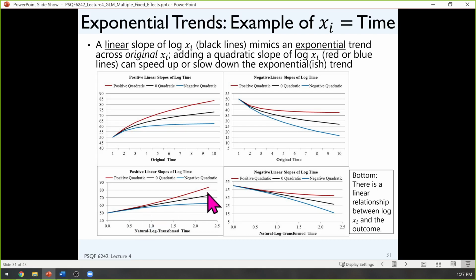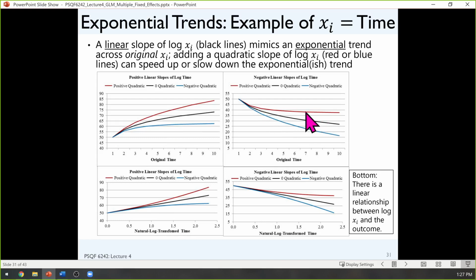The slope is linear between log transformed predictor and the outcome. That same positive linear slope, if you exponentiate the predictor, so unlog it back to its original scale, creates that black line right there. So this creates a curve where more helps, but only up to a point, potentially. Or in this case, less is better, but only up to a point.